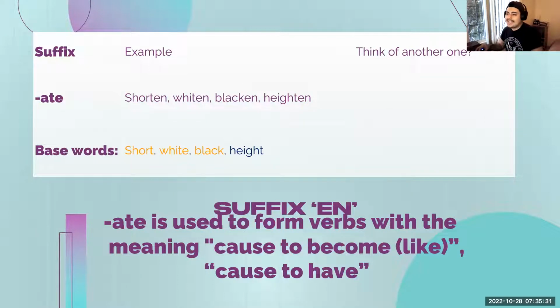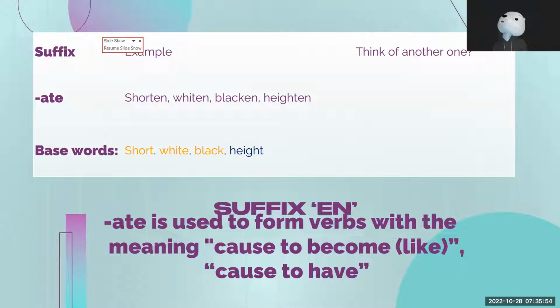What about whiten? Do you have an example with whiten? I don't know. When your clothes have some, I don't know.